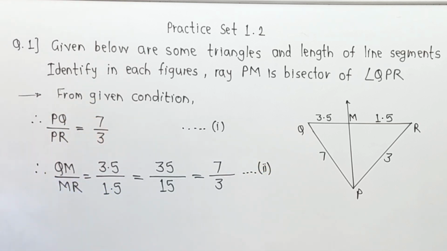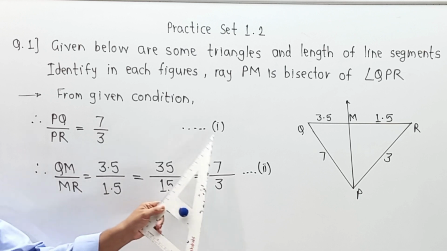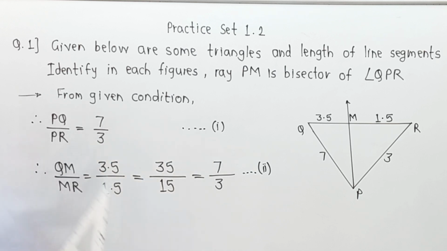Now if you compare equation number 1 and 2 in simplified form, equation 1 is 7 by 3, that is PQ upon PR.